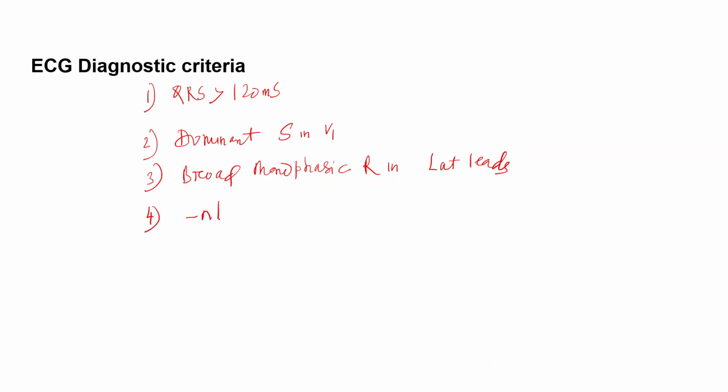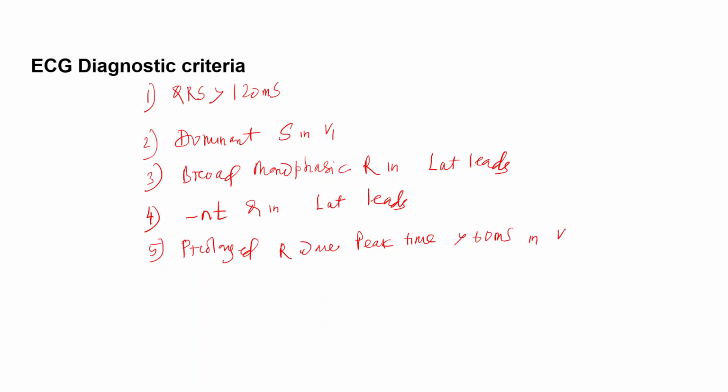All these points we have already discussed. And there is one more additional point, that is prolonged R wave peak time. R wave peak time is more than 60 milliseconds in lateral leads, mostly in V5 and V6.